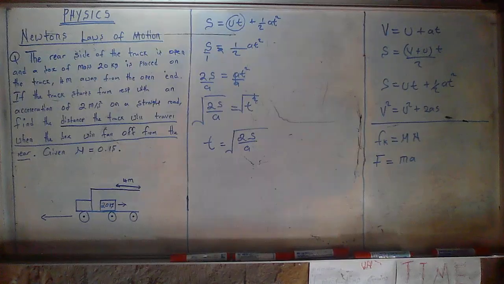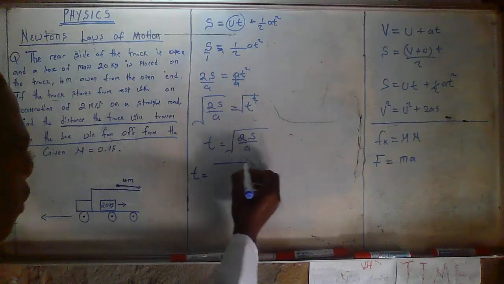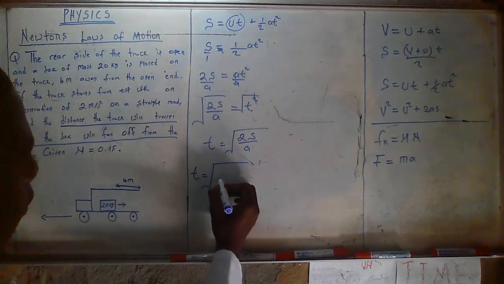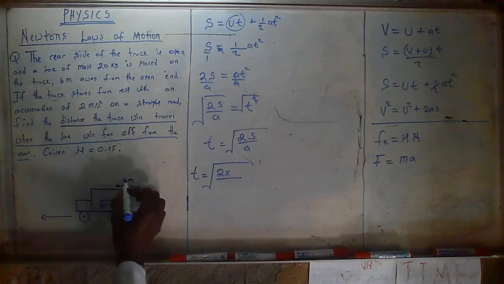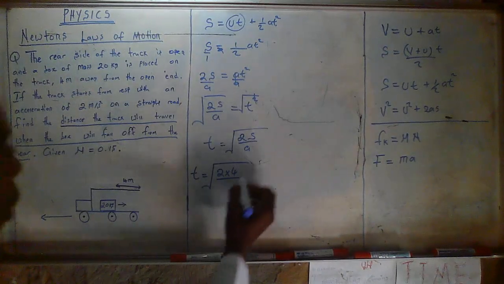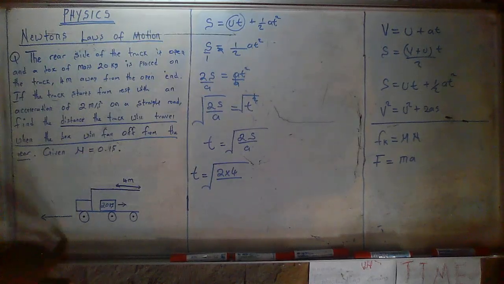Okay. So we can start replacing now. So 2. What is the s? The s is 4 meters. What is the acceleration? We don't know the acceleration, because this acceleration is for the track when it is moving in this direction.